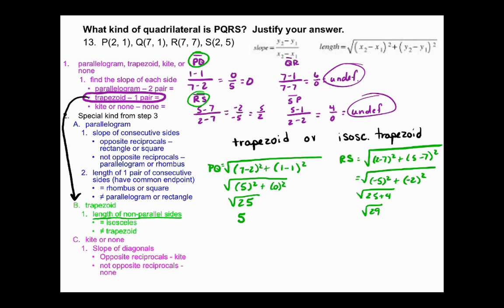And the square root of 29 is approximately 5.4. Since these are not equal, we do not have the isosceles trapezoid, we have a trapezoid. So this is the trapezoid. Because the legs are not equal, it is not isosceles.